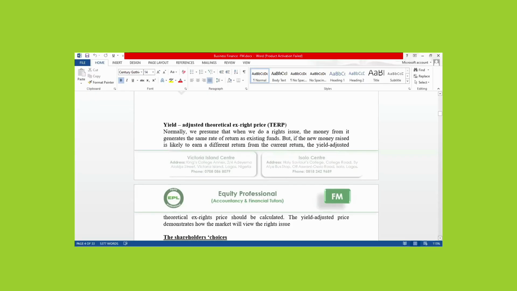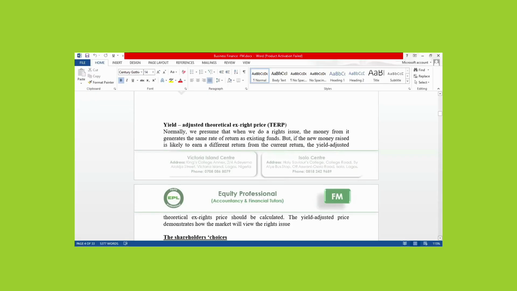Please don't forget, if you are doing a rights issue, that means you are trying to raise a new fund. You are trying to raise additional fund, a new finance. The new finance will be invested to generate returns.